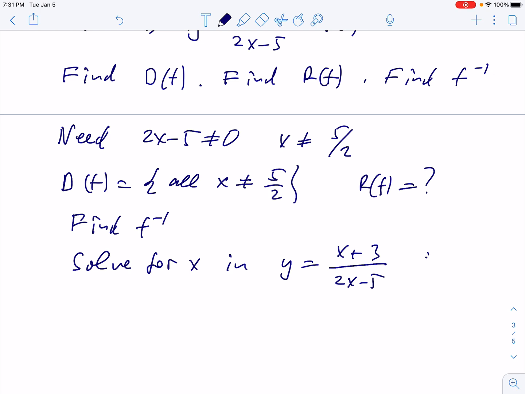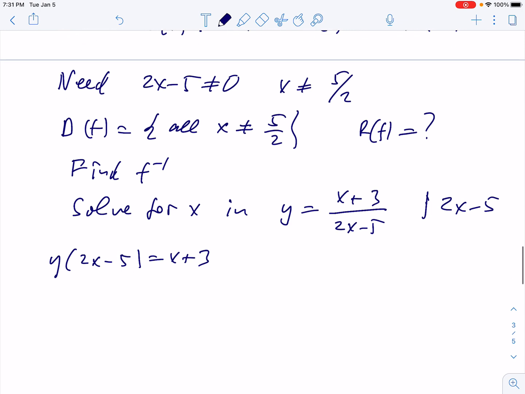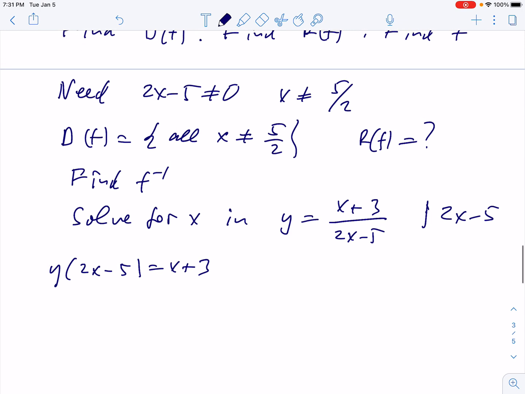Multiply both sides by 2x minus 5, and you get y times (2x minus 5) equals x plus 3. From here, we multiply through: 2yx minus 5y equals x plus 3.